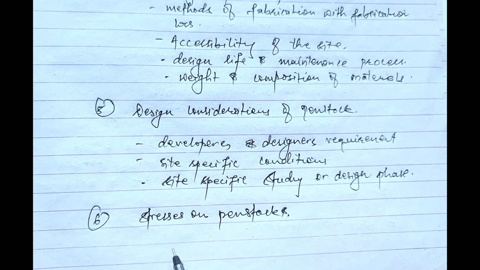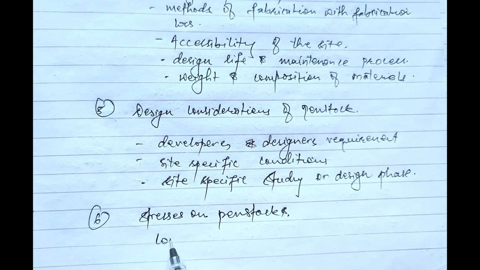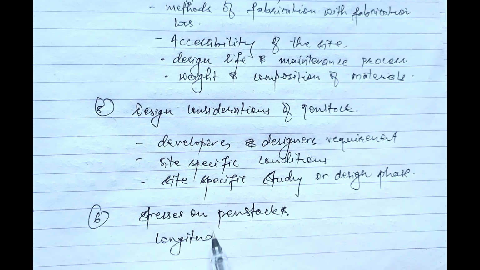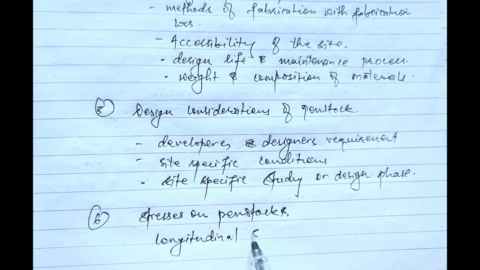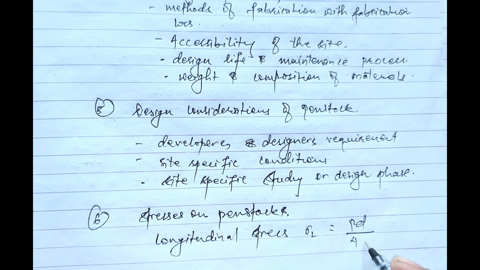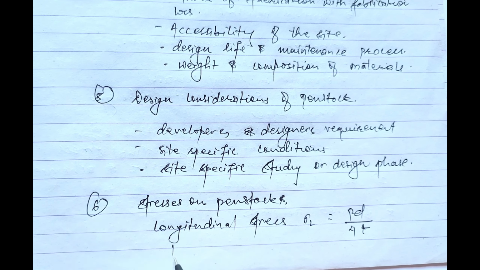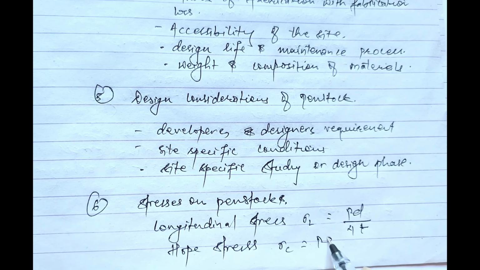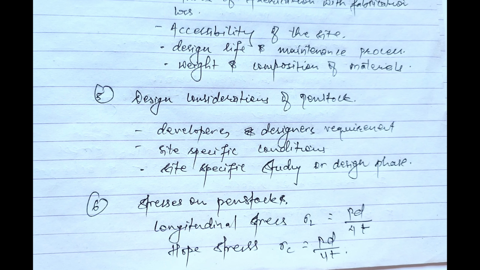The longitudinal stress sigma L can be given as PD divided by 4t, and the hoop stress can be given as sigma C equals PD by 2t. The hoop stress is greater than the longitudinal stress, hence the hoop stress is used for the design of penstock pipe.